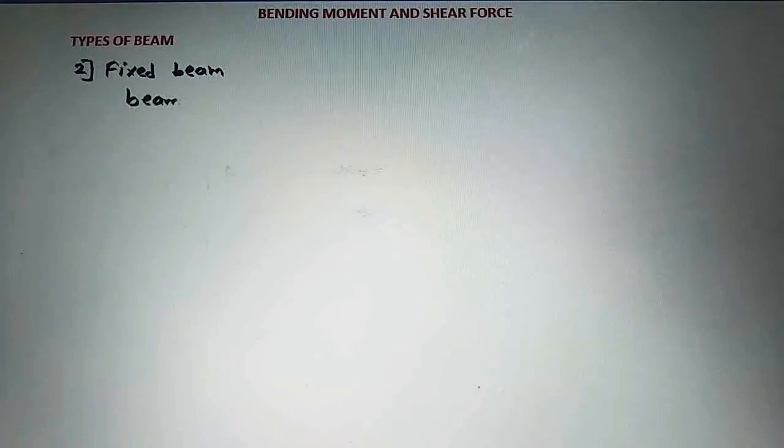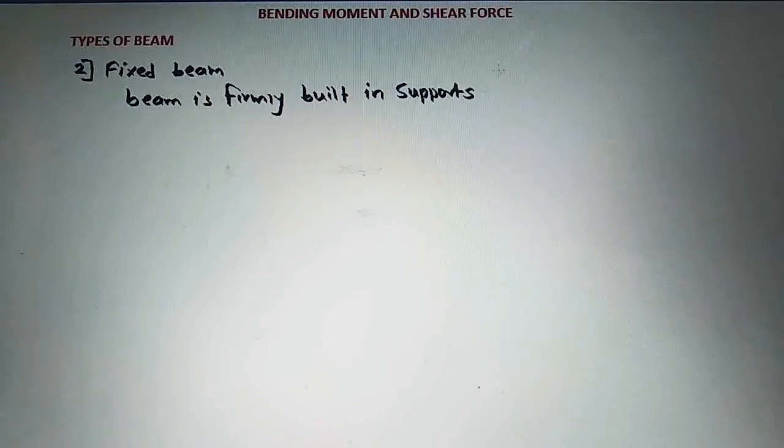When a beam is firmly built in supports, then those supports are called fixed supports, and the beam is called as fixed beam.